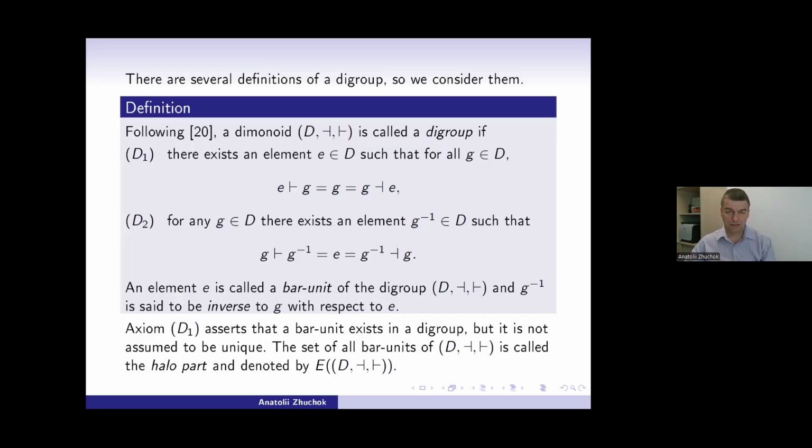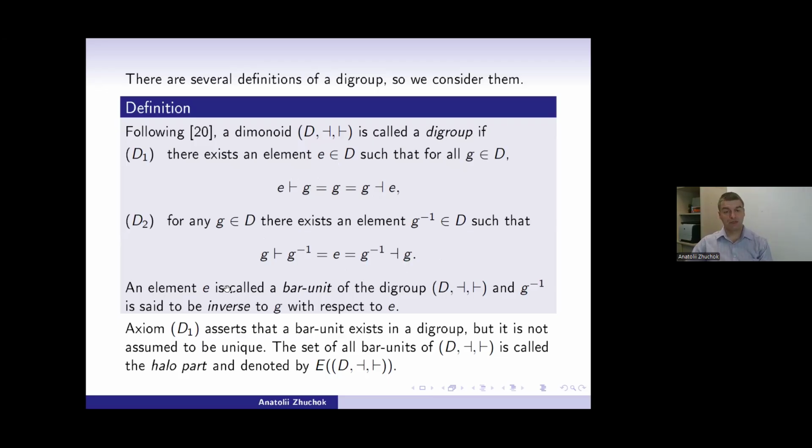And here is the definition. We have several definitions of D group, and now we consider the first. A diamonoid D is called a D group if there exists an element E such that this condition holds, and second, for any element G there exists an inverse such that these expressions take place.